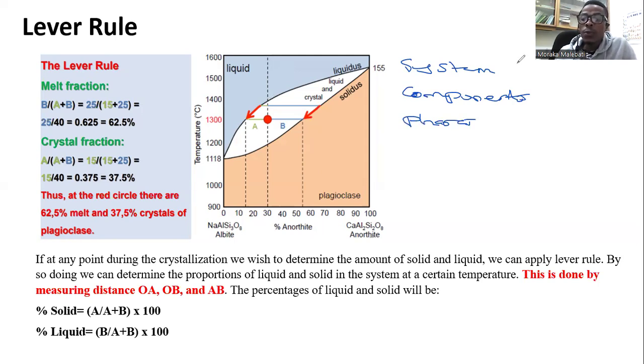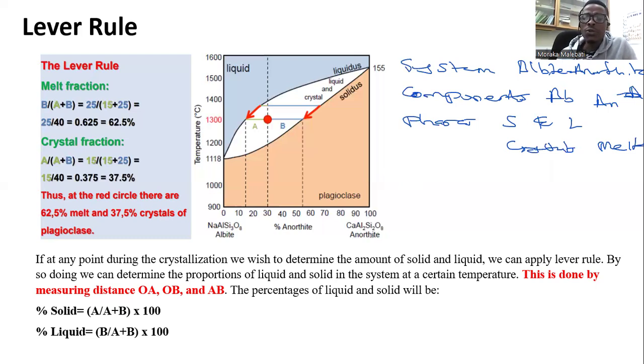Our system is the albite-anorthite system, and the components are albite and anorthite. The phases are solid and liquid, or the crystals and the melt. Before we analyze, we should know our system.